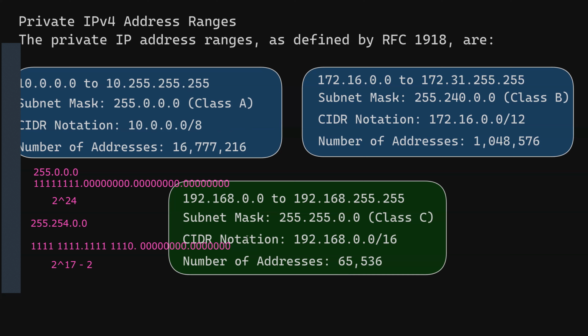But anyway, class C, you can see that it will start with 192, right? 192.168.255.255. Basically, it starts with 192, and that's the range you have. Let me quickly check class A, class B, class C, private ranges in Google.